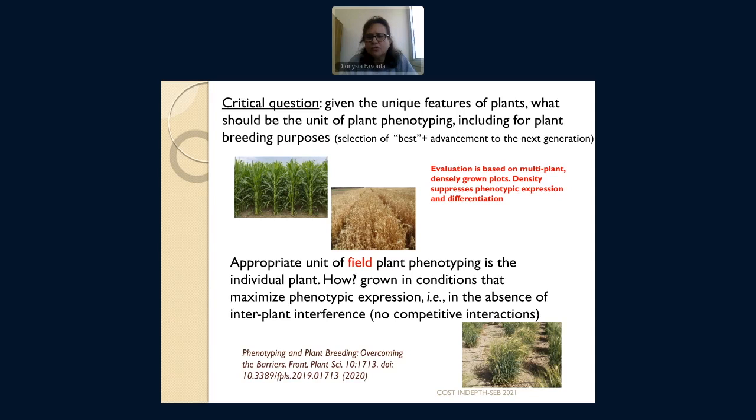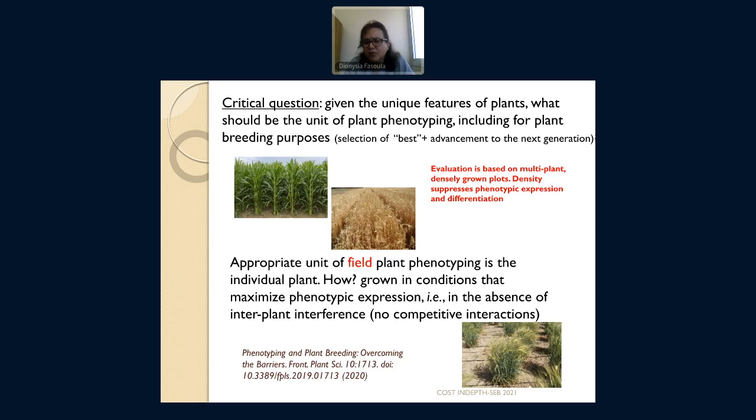So given those, what should be the unit of plant phenotyping, including for plant breeding purposes? And when we say plant breeding purposes, we refer to the selection of the best plants in its environment so as to advance the most appropriate to the next generation.